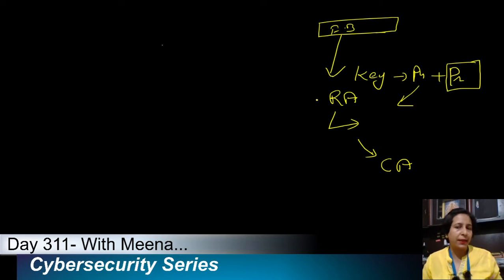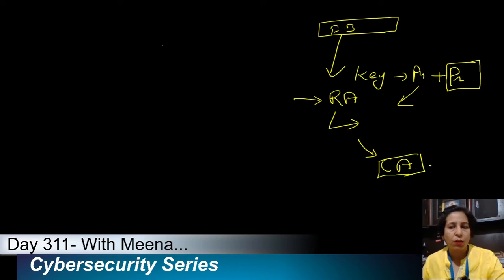We can also directly send a request to the registration authority to create the public and private key. They will share that private key and the public key with us, and on behalf of that public key they will inform the CA that this user has requested a digital certificate.